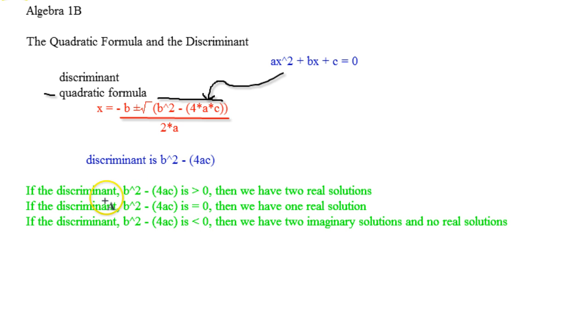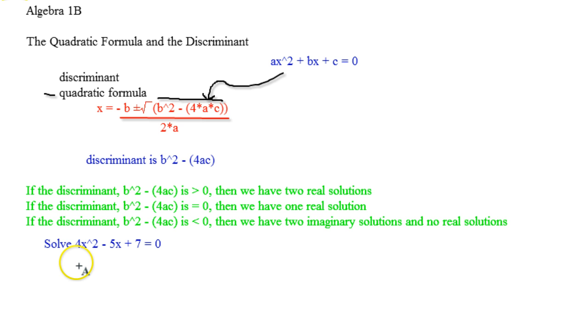If the discriminant, b squared minus 4ac, is greater than 0, then we have two real solutions. If the discriminant is equal to 0, then we have one real solution. And if the discriminant is less than 0, then we have two imaginary solutions and no real solutions.